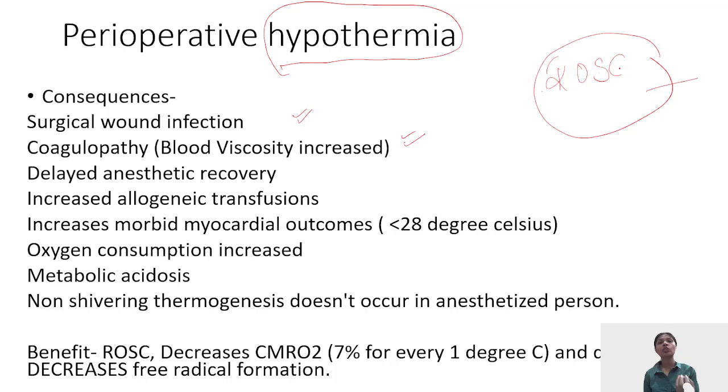Lastly, hypothermia helps us by decreasing the free radical formation, which are some inflammatory markers which can lead to marked inflammation in the body. Hypothermia also helps in controlling that free radical formation. So these are three areas in which hypothermia can be useful.